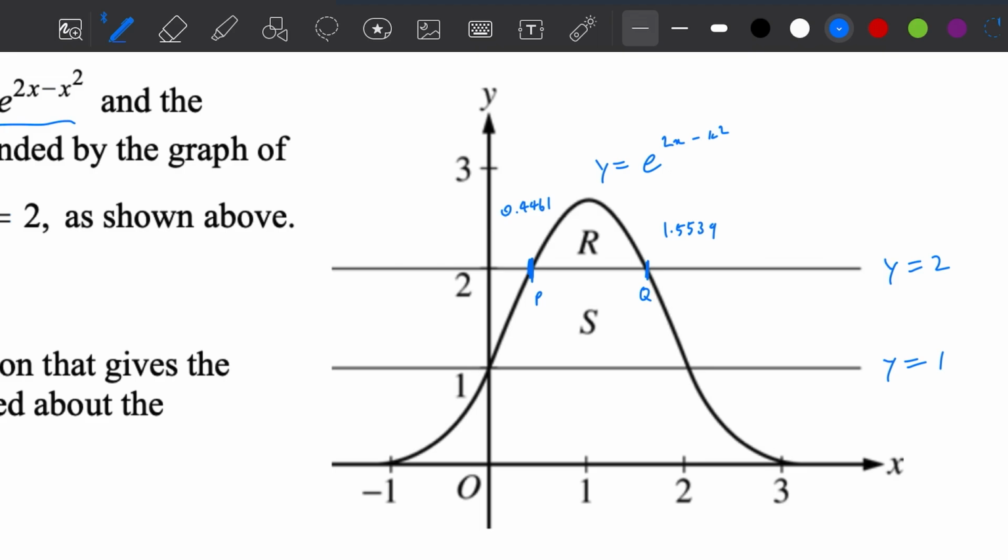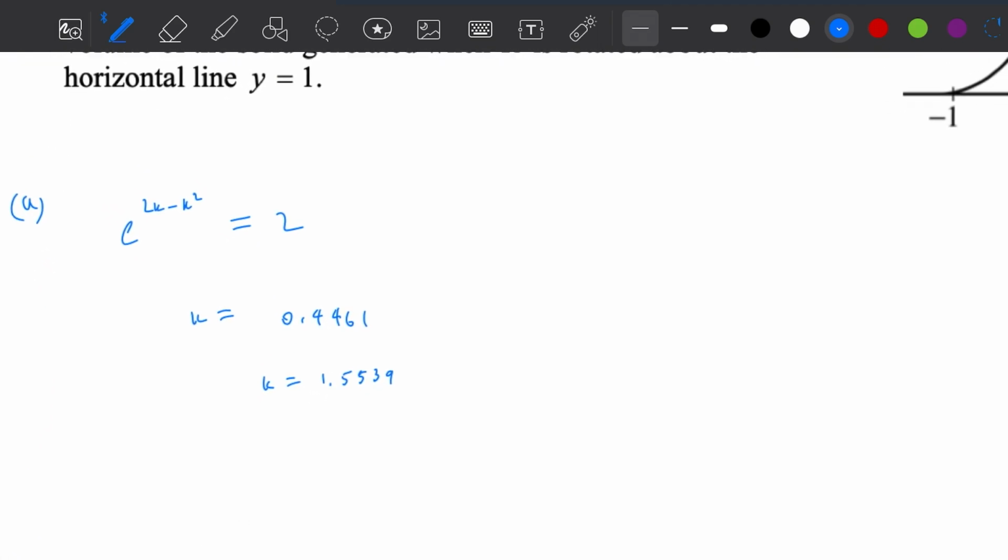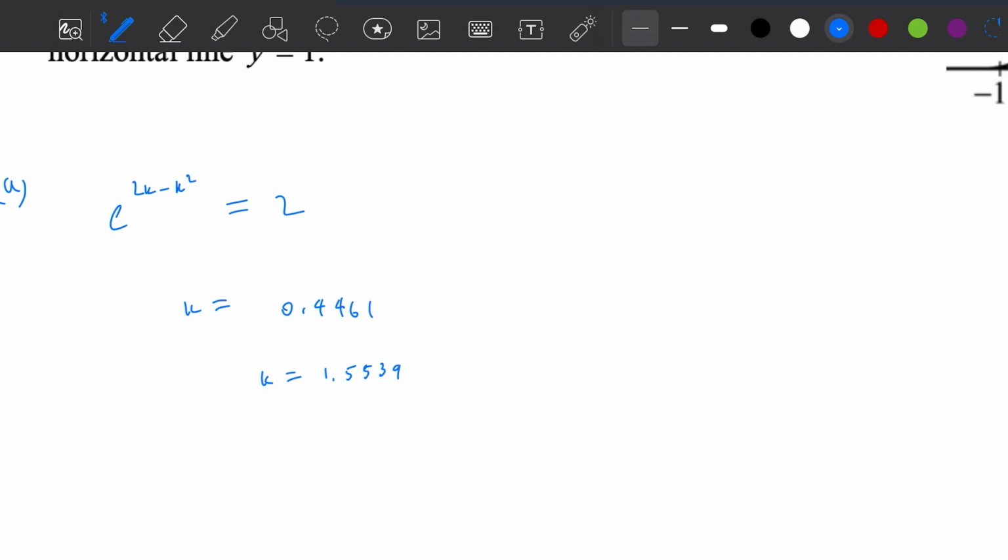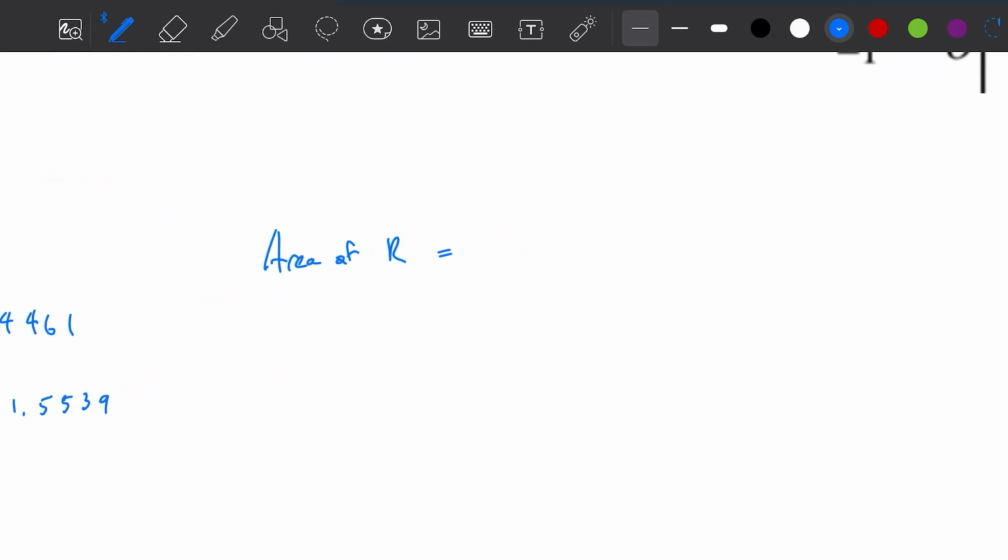Our limits are from P to Q. Therefore, area of R equals the integral from P to Q of e to the 2x minus x squared minus 2 dx, since it's upper minus lower.